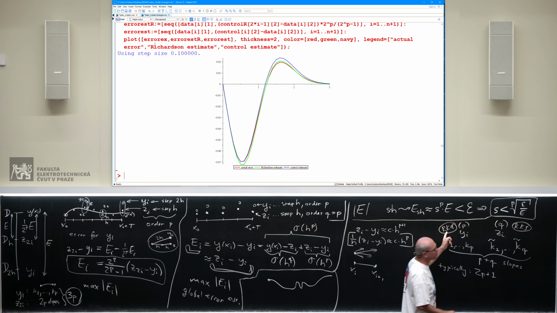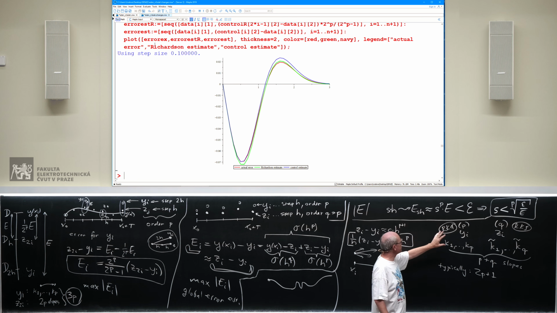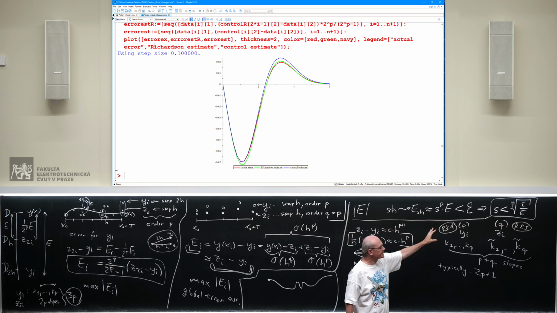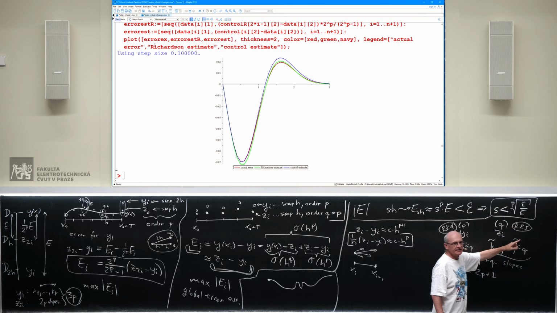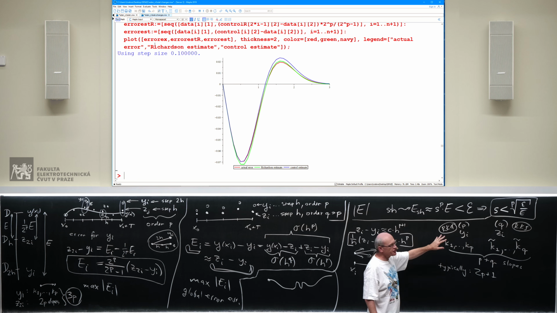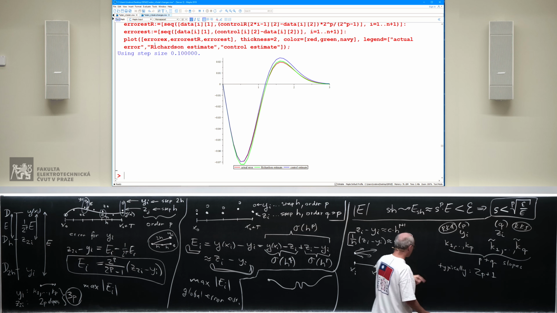But this is not RK4 as we saw it before. It's tweaked. You change it a little bit. And this is definitely not easy, because you have to be careful when you are tweaking the method, because you don't want to lose the order. So there is a way to tweak RK4 and RK5 in such a way that they share the majority of the slopes. So normally, when you have method RK4 with RK5 as a control, you would need 9 slopes.